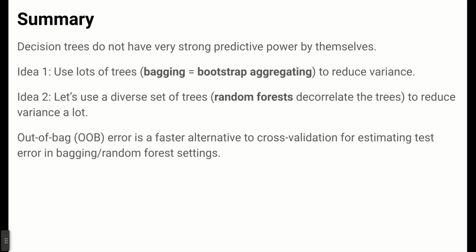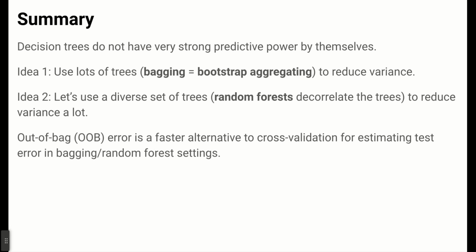In summary, we've discussed how, by themselves, decision trees don't have the strongest predictive power because of their tendency to be overfit. However, two ideas greatly expand the power of trees. First, bagging, which is aggregating predictions from lots of trees with bootstrapping to reduce the variance of the final prediction. And two, using a diverse set of trees to decorrelate predictions and reduce variance even more.